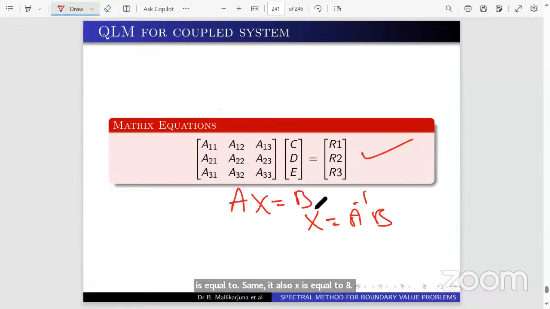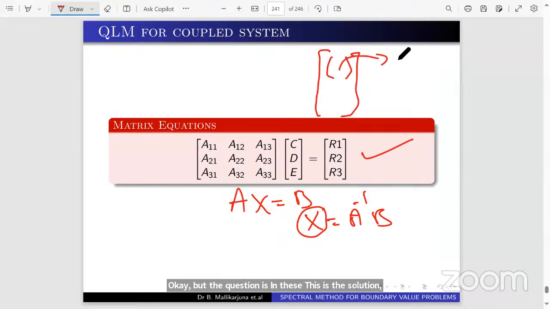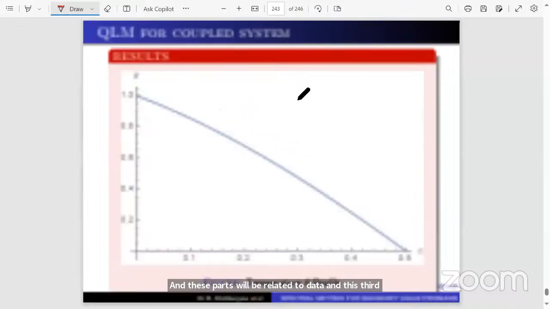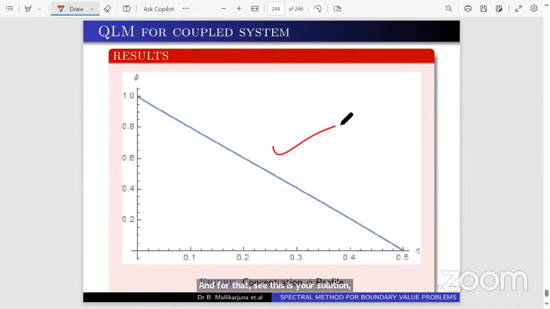Okay, but the question is, this is the solution, right? Only this part is related to F, this part will be related to theta, and this third part will be related to pi. So this is the F solution, theta solution, pi solution.